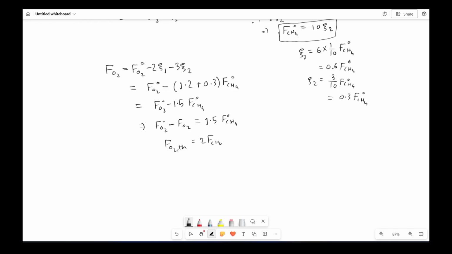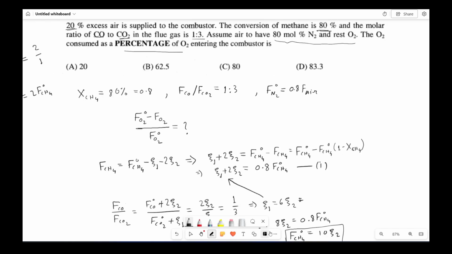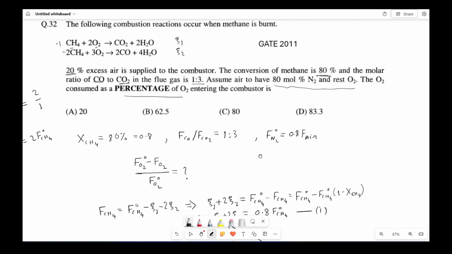Now in the question it has said that 20% excess air is supplied.